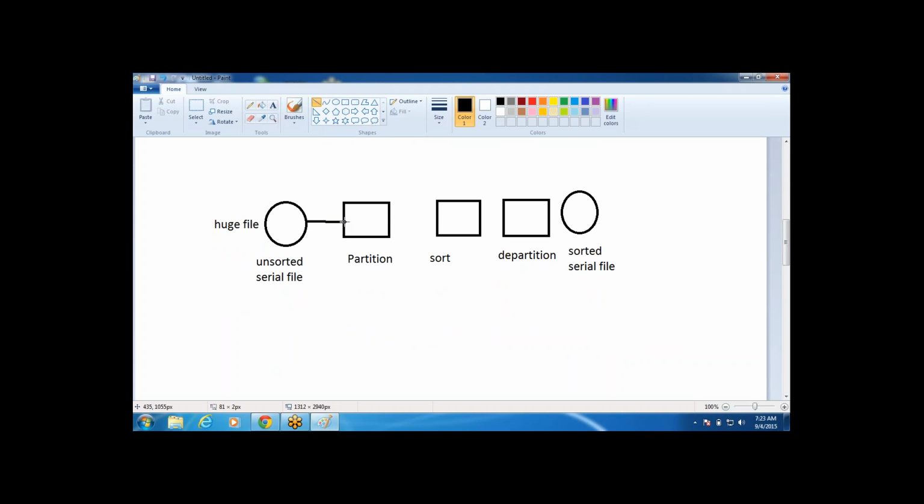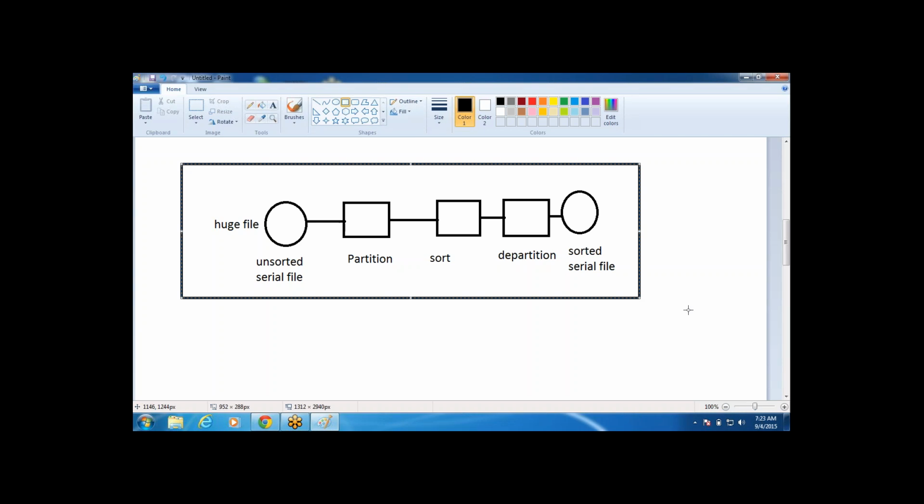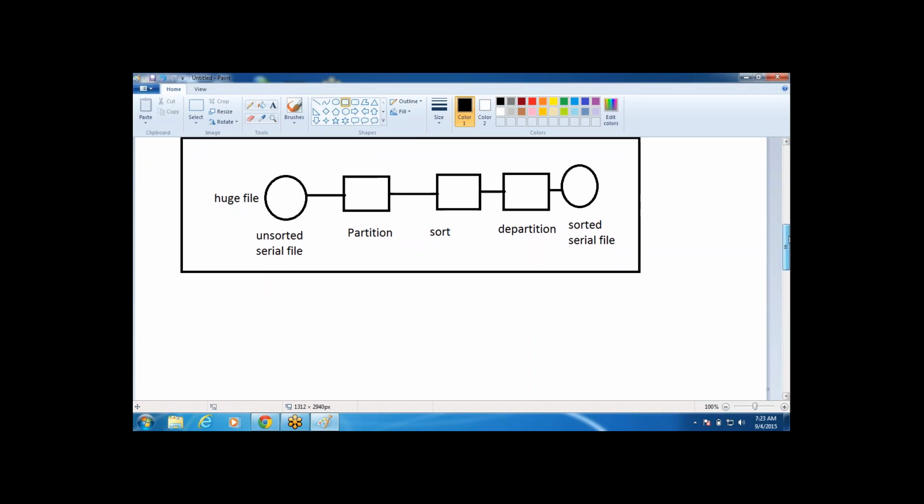Whenever you use a partition component, the data will be distributed across multiple partitions, and whatever components you run after the partition component have to run on those partitions. So the graph looks like this at a high level. This is my graph, but internally, how does it look and how does it behave?